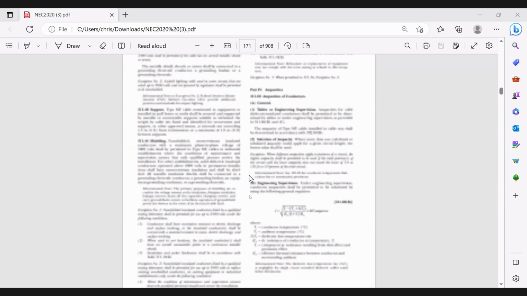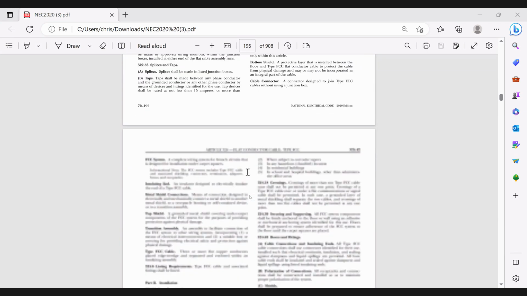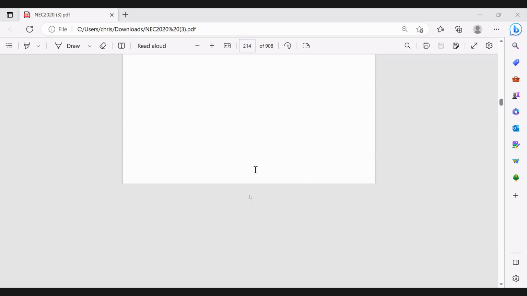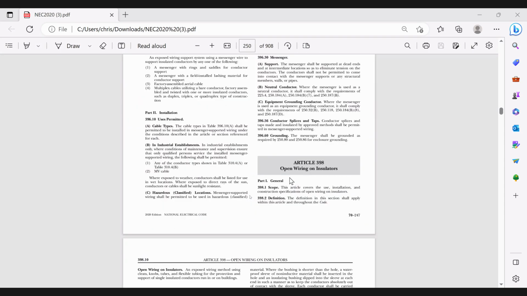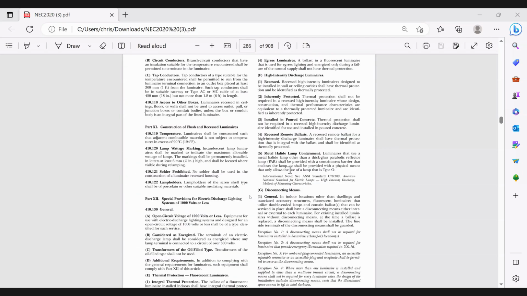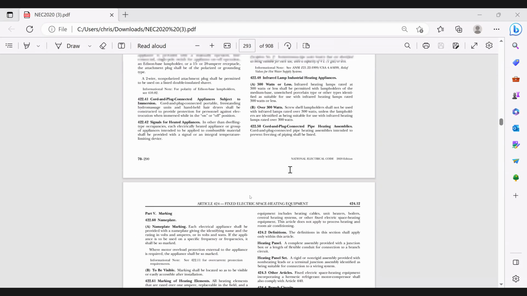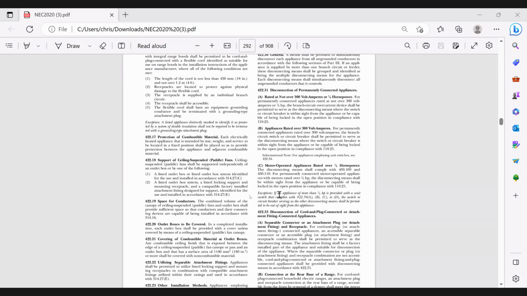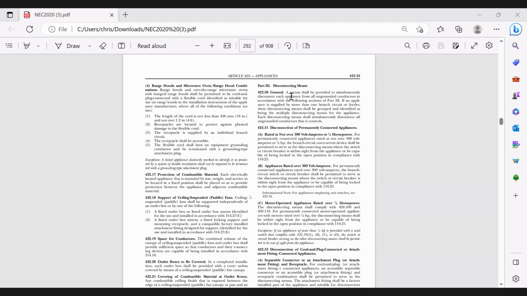Let's go down to our appliances in 422. And if we remember anything about 422, it's that 422.30 is our disconnecting means for appliances. So 422.30 up here, general requirements. 422.31 is disconnection of permanently connected appliances, so appliances that are rated over 300 volt amps. We know this because it's a big air compressor.